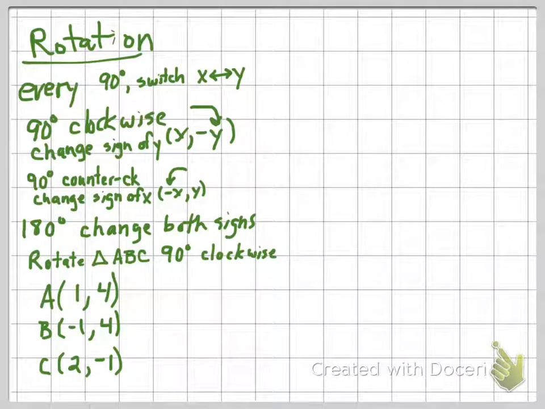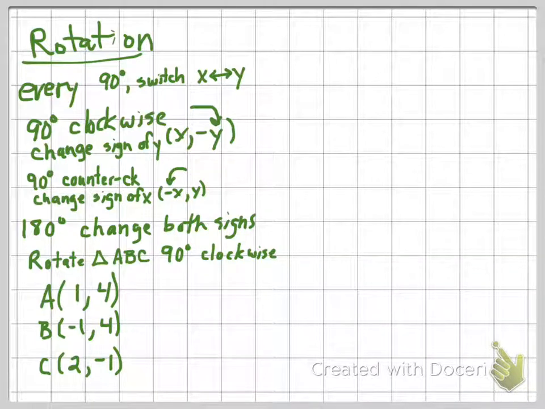We know we're going clockwise, 90 degrees, so I'm going to be using this rule here as well as this first rule. You will always be using this first rule and then one of these others.